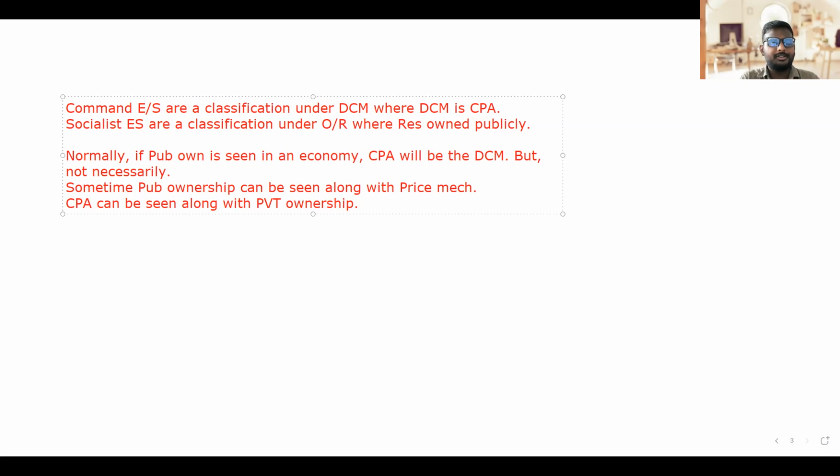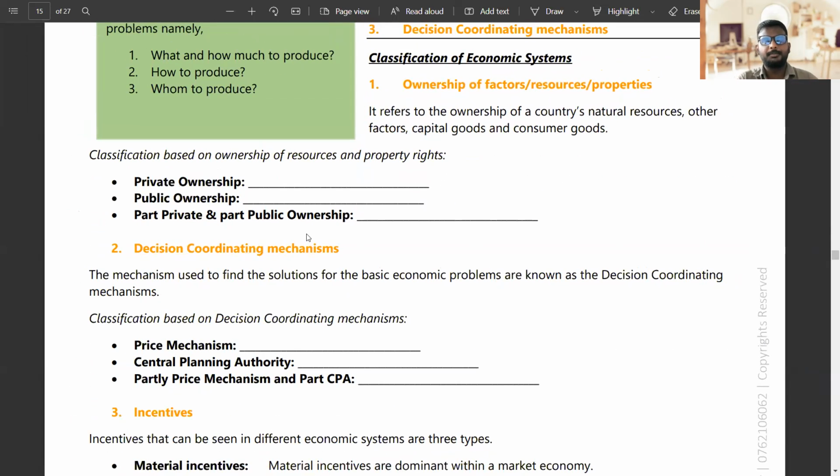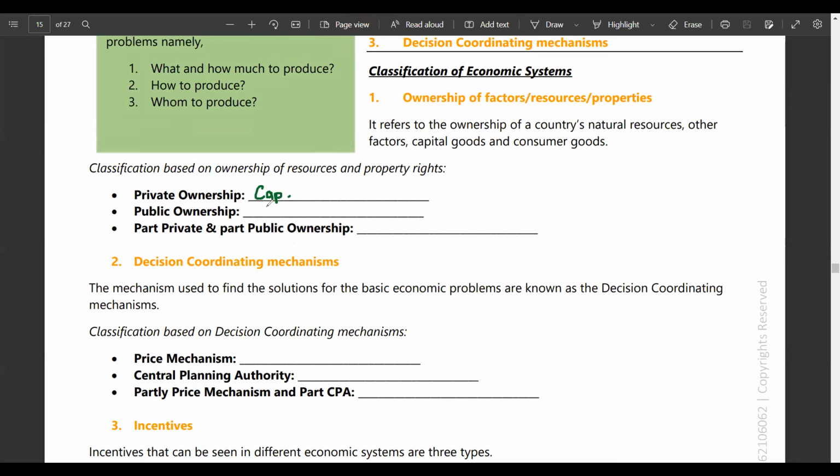So if I go back to the handout here, it all comes down to this part, classification of economic system. Simply put, under ownership of resources, if an economy has private ownership of resources, what is that economic system called? Capitalist. If you see public ownership, what is that called? Socialist.